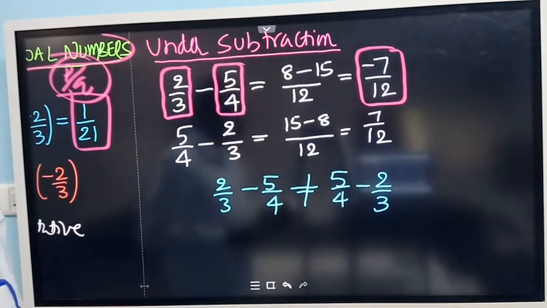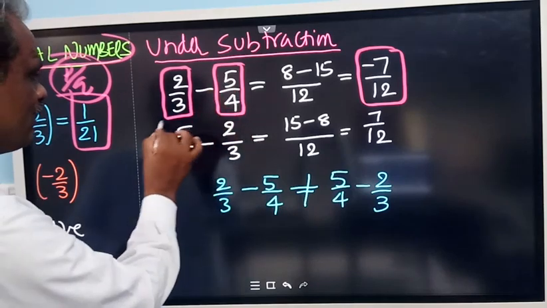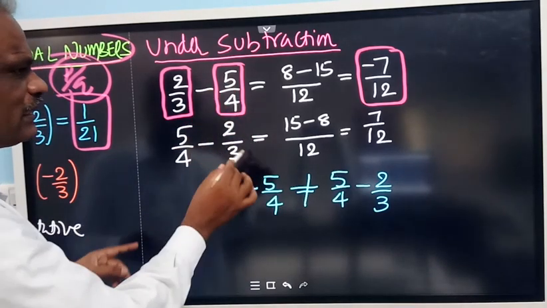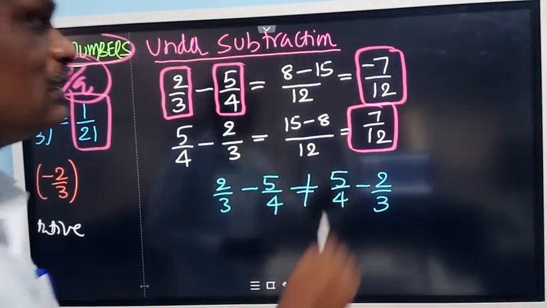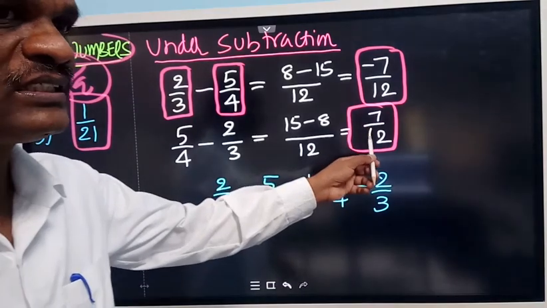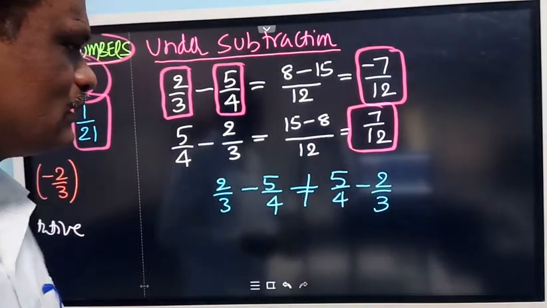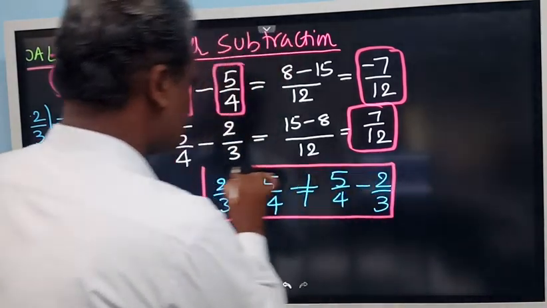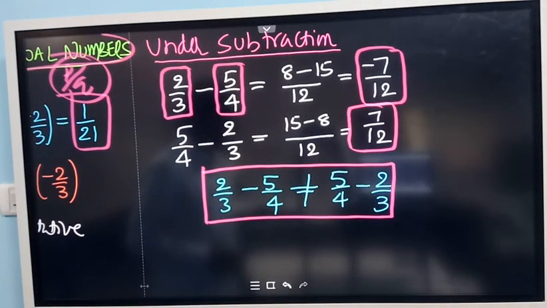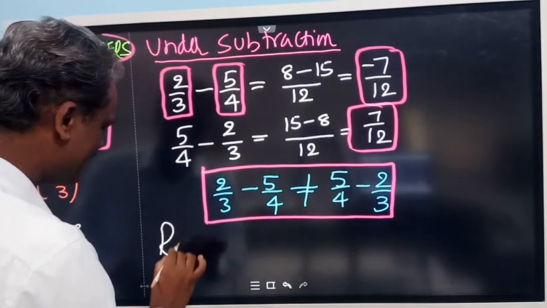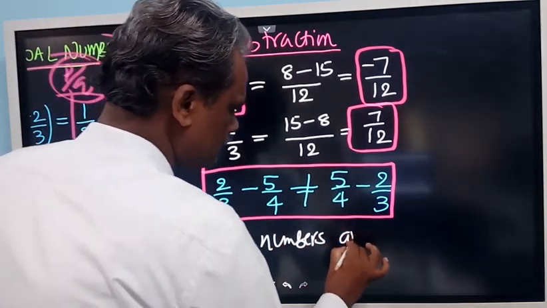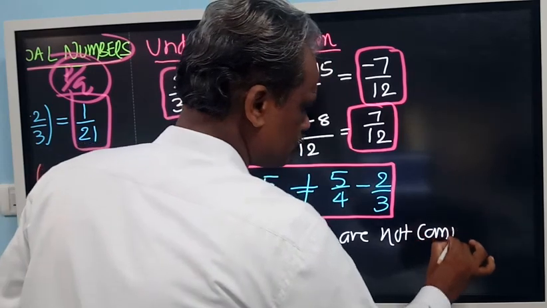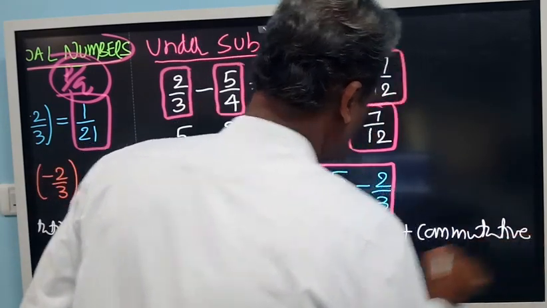So when the subtrahend and minuend are interchanged, what happens here? 5 by 4 here, 2 by 3 here. Subtract this one. What is that you are getting? 7 by 12 only, but the sign is different. This is minus 7 by 12 and this is plus 7 by 12. They are not equal. So therefore, rational numbers are not commutative under subtraction.